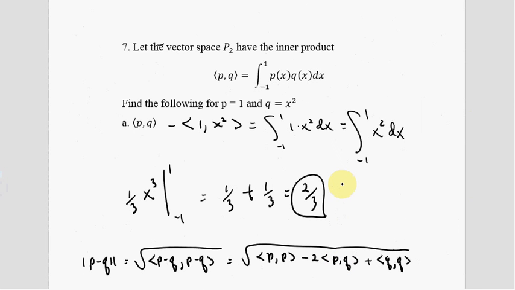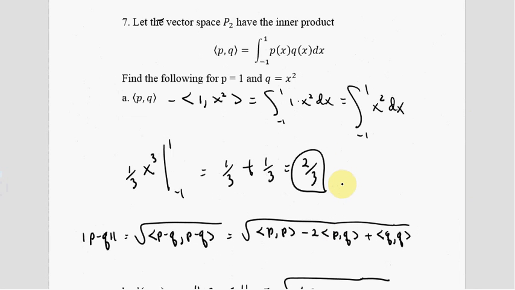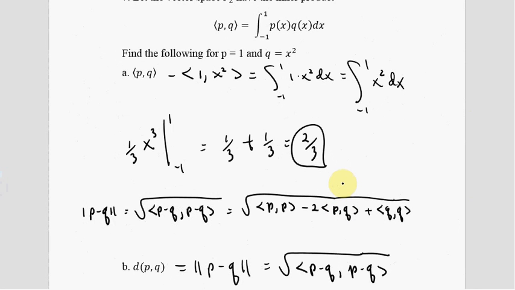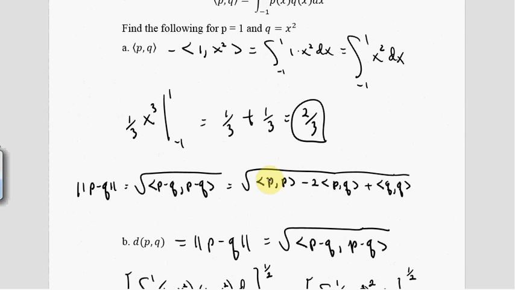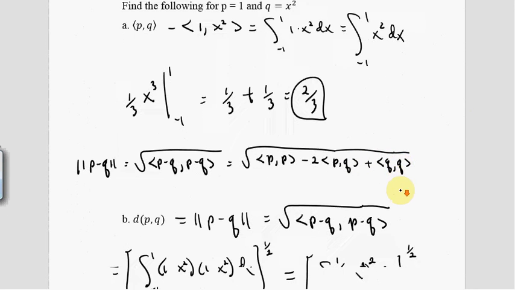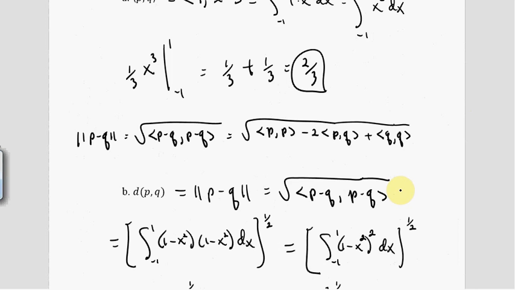Okay, here's what I want you to do. We've got 7 minutes. I need you to compute this norm of P minus Q, the square root, using the inner product of P and P, then minus 2 times the inner product of P and Q, plus the inner product of Q with Q. You should find all the information here already that we've worked out.